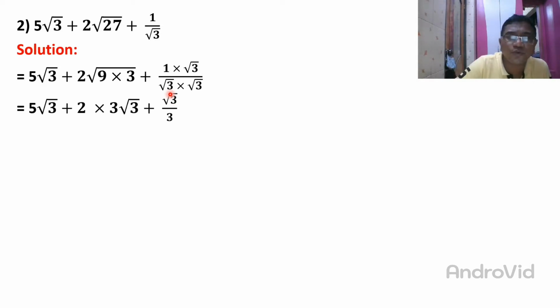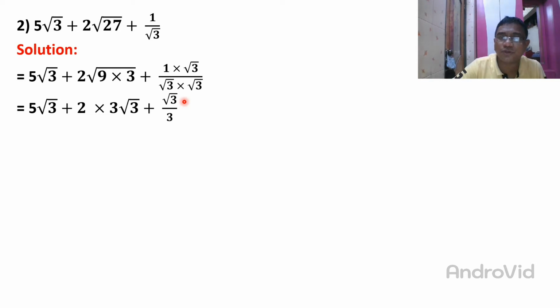So here is what happened. This 5 root 3 remains as it is, plus sign remains as it is, this 2 remains as it is. The square root of 9 is 3, so here I write 3. What is the square root of 9? 3, so here is the 3, and root 3 remains as it is. Then root 3 ones are root 3, so here you get root 3.